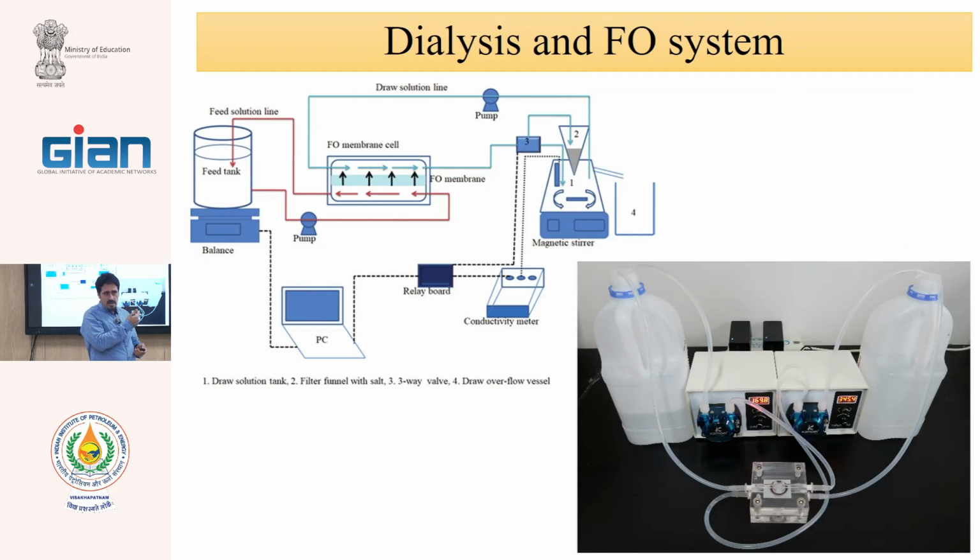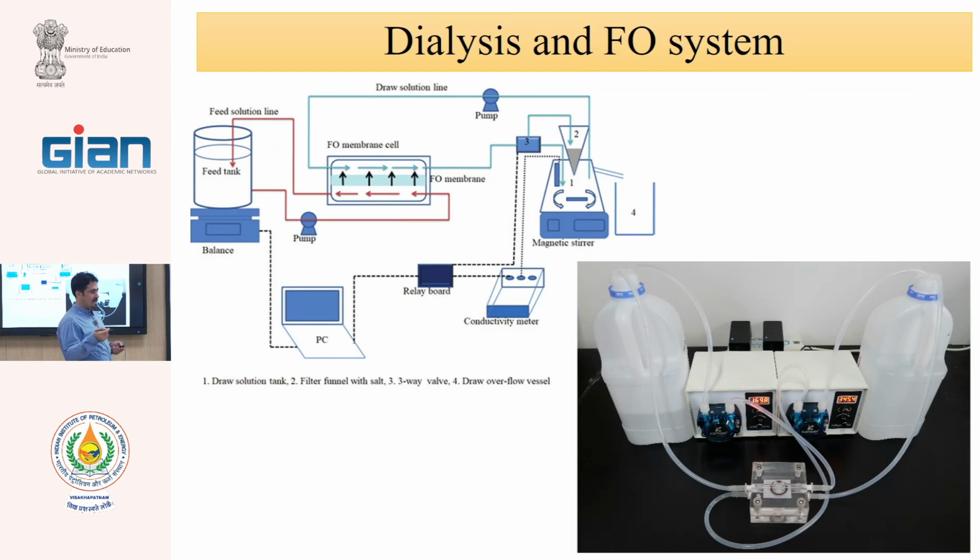In the UF, MF, as you see, in our setup, the permeate goes to the waste. But in these membrane processes, we need two pumps instead of one pump because we have two streams. One stream as a feed, one stream as a receiver, receiver in the permeate side.